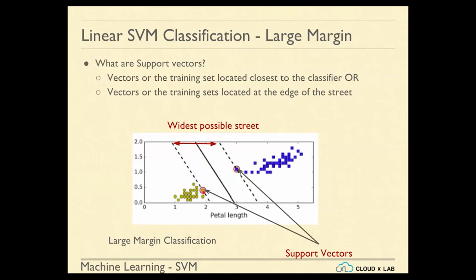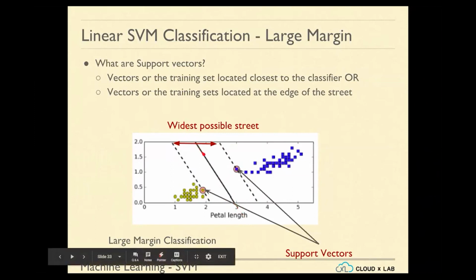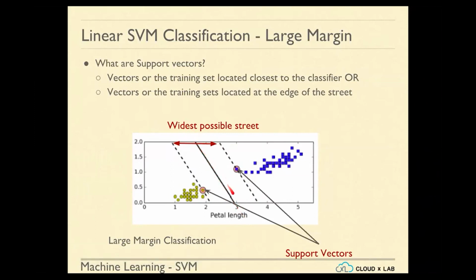And these two extreme data points that are lying on the street are called support vectors. This is called a street, and this line that you see in the middle is our decision boundary. Okay, this is our decision boundary.